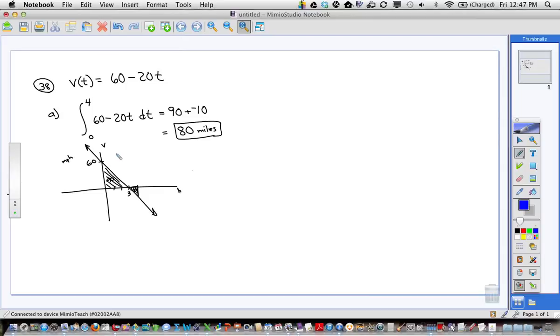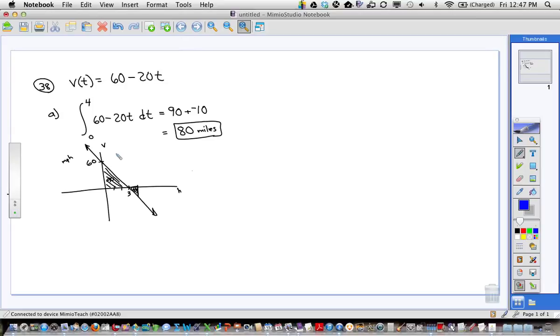Now, you said 80 miles traveled. Let's be more specific. It's displacement, right? Somebody in the other class, the first words I heard was total distance traveled. Well, in this situation, why is that not total? He traveled 100 miles. Yeah, he actually went 90 and then he came back 10. He traveled 100 miles is what he did.